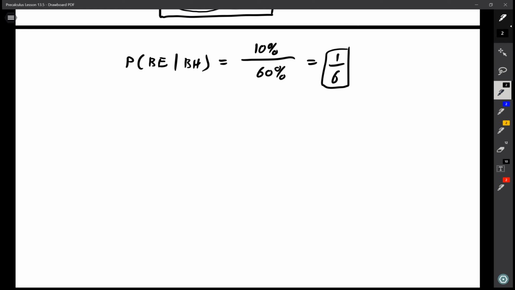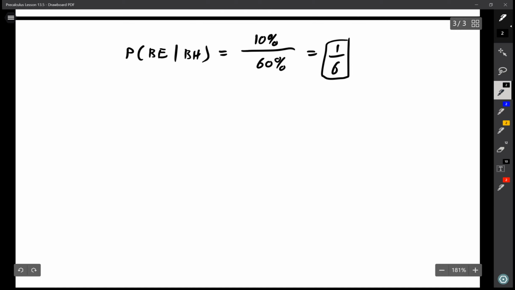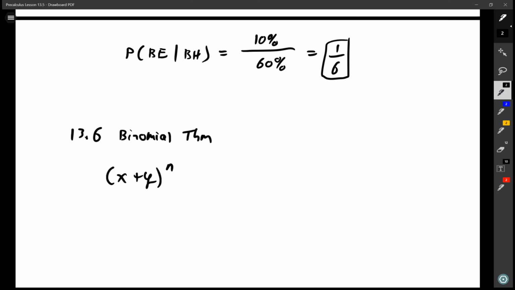Then I want to give just a little bird's eye view at lesson 6. It's the binomial theorem and probability. So you might recall the binomial theorem being the thing that allows us to do x plus y to some power and a tool for expanding it.